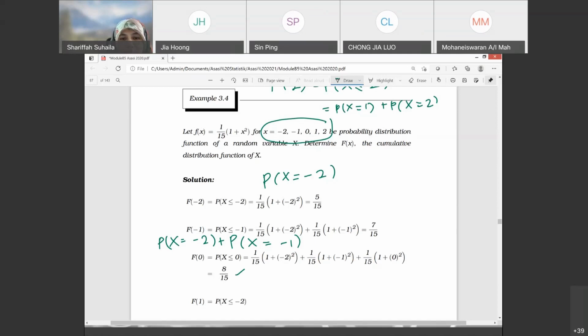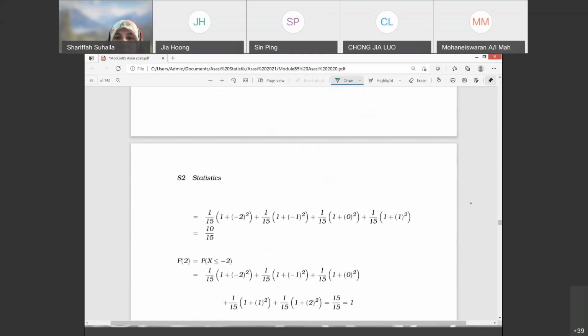This one is correct, right? So capital F1, probability X less than or equal to 1. You will have probability X equals minus 2, plus probability X equals minus 1, plus probability X equals 0, plus probability X equals 1.